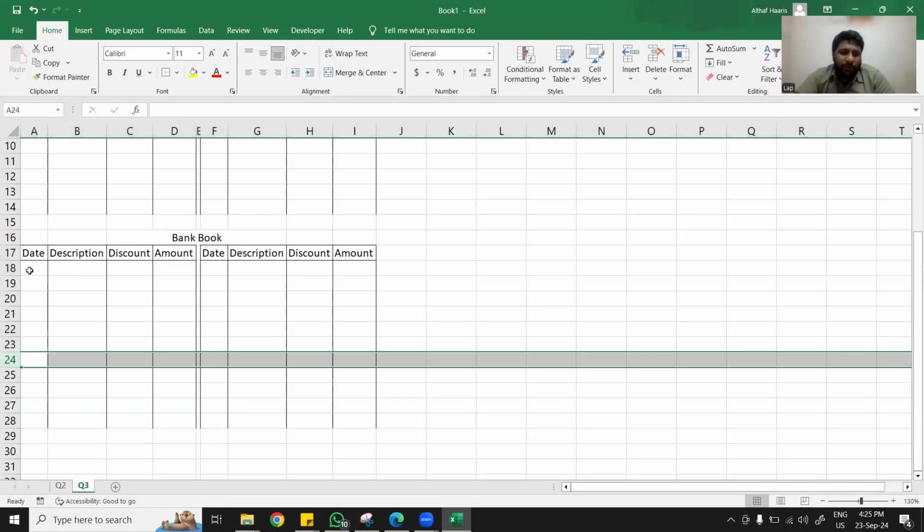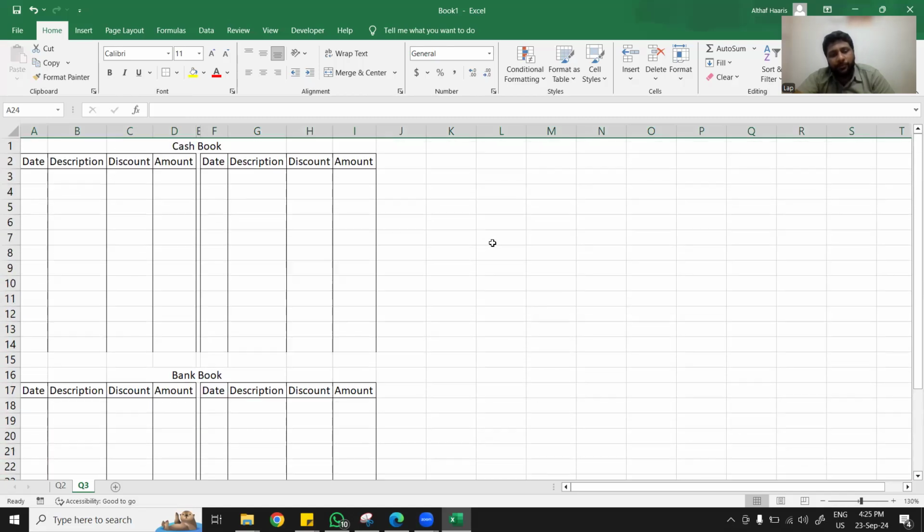Like 6 lines would do for the bag book. But most of the times, when it comes to the other primary books, they will give the invoice numbers, so you will have to put that column most of the times.